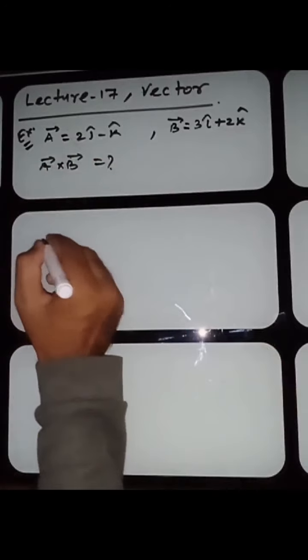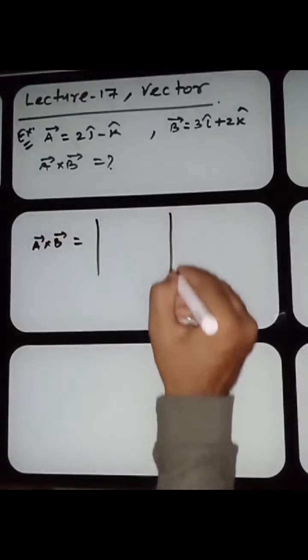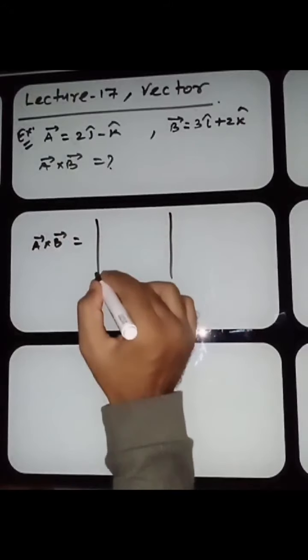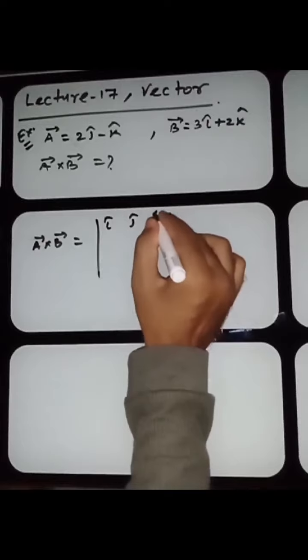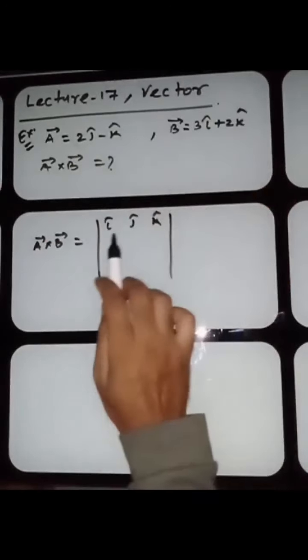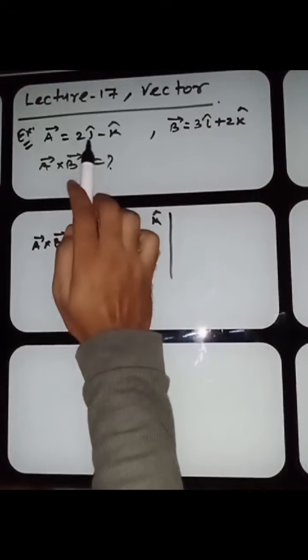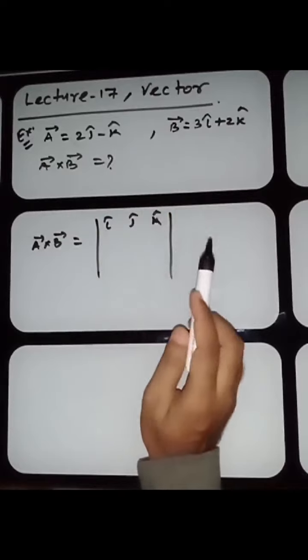Here A cross B will be written as, remember, always you have to put i, j, k. It is not that there will be a common i, j, k, whether it is i plus j or i minus j. Here you have to put i, j, k, all the members.